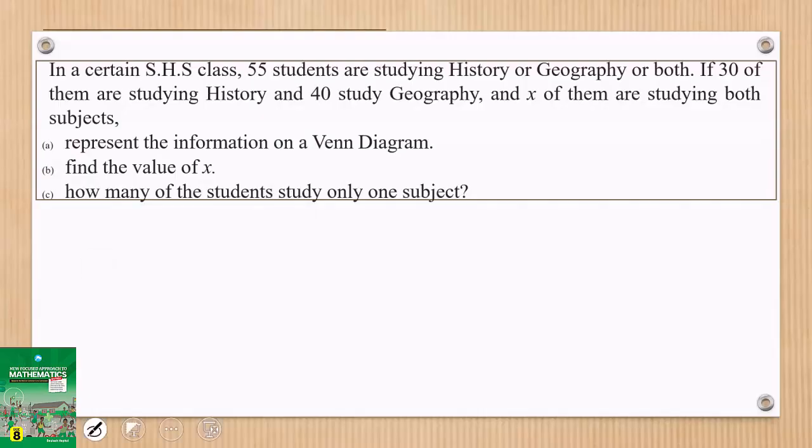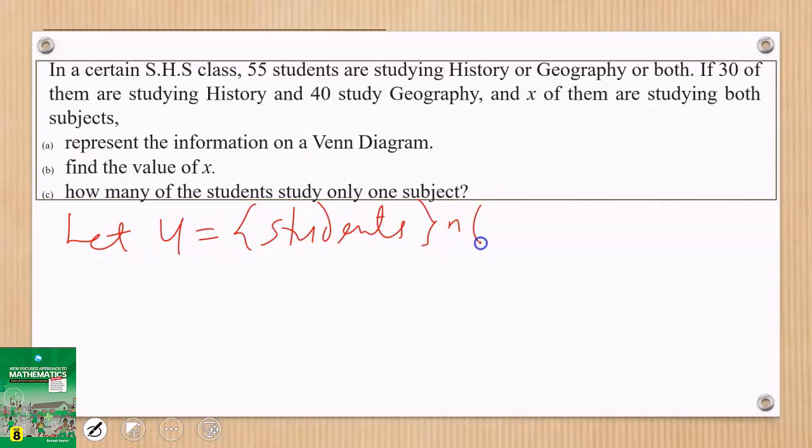In doing this, we let U be the students, and that gives us the number of U equal to 55. You define all the parameters.